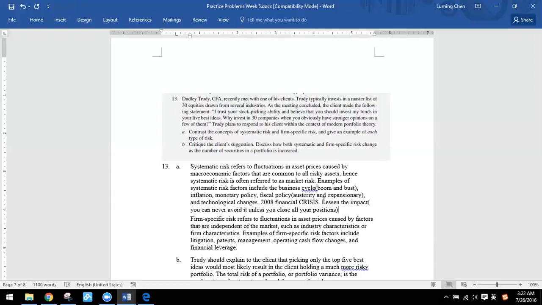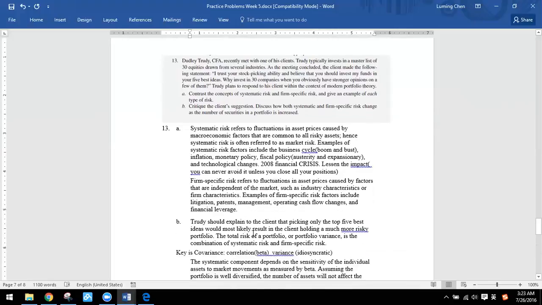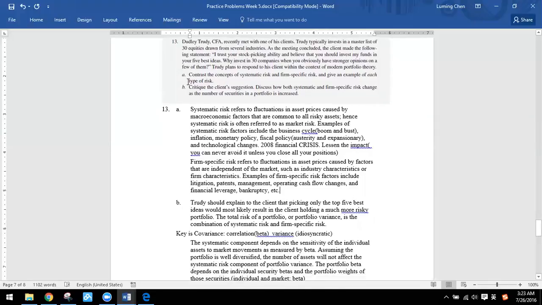While firm-specific risk refers to the idiosyncratic risks that are independent of the market, such as industry-specific, firm-specific, litigation, lawsuits, patents, management, operating cash flow, financial leverage, bankruptcy, etc.